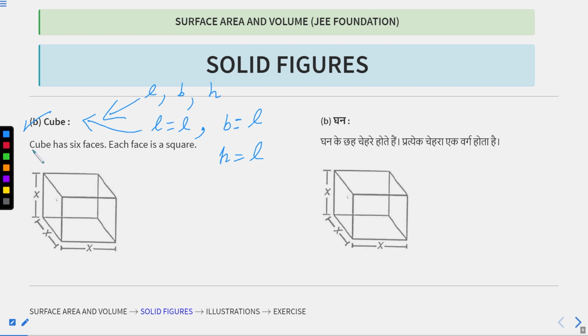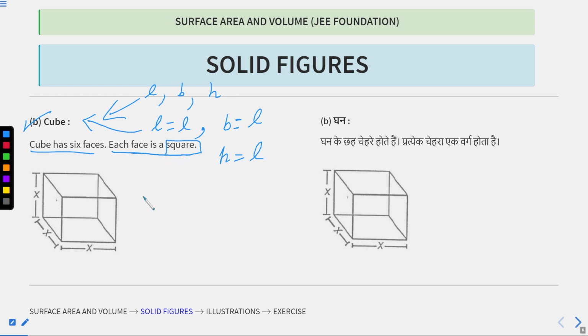It also has 6 faces, and each face looks like a square because all of the sides are equal. In the previous cuboid, the faces were looking like rectangles because one of the sides is different from another. Here all of the sides are equal, so each face will look like a square.